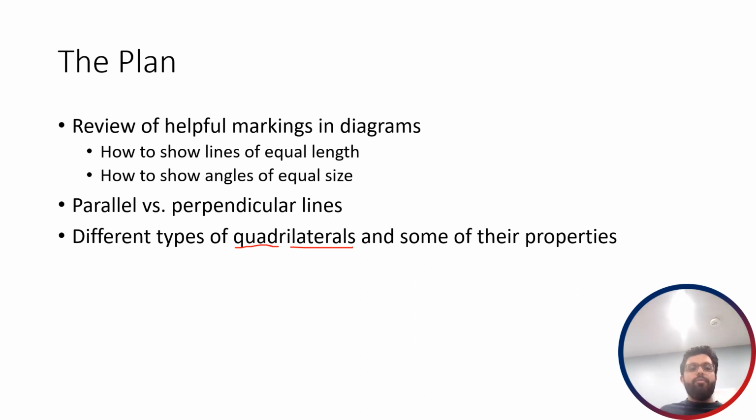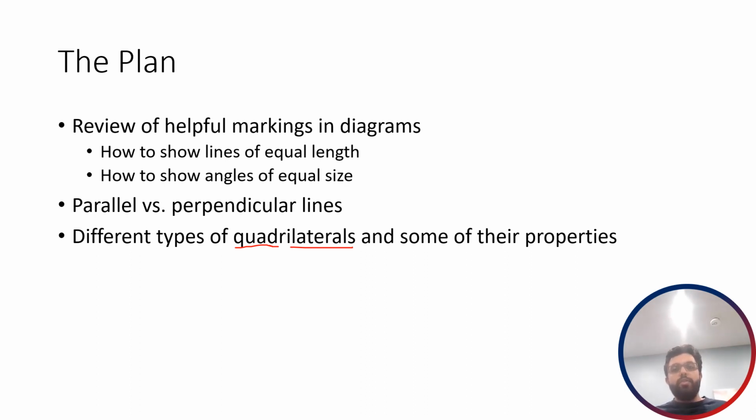Because it's been a little while since my last upload, we're going to start off with a brief review of the helpful markings that we use in our diagrams in geometry. Things like how we show that two lines are the same length as each other, or that two angles are the same size as one another. We'll talk about that first for a couple of minutes.